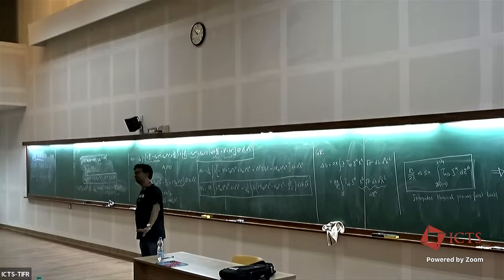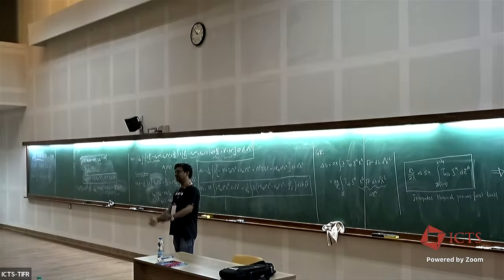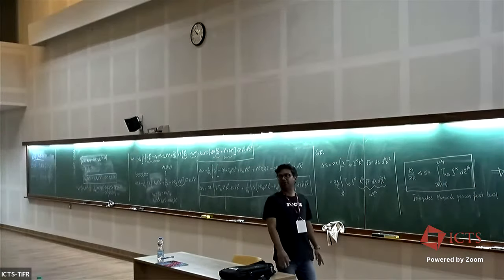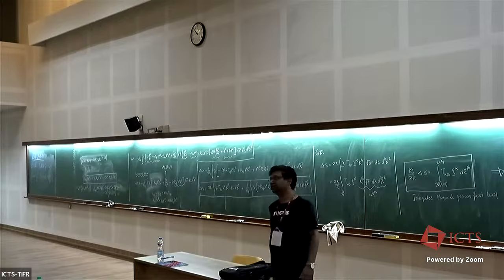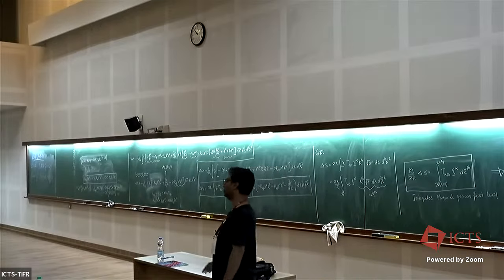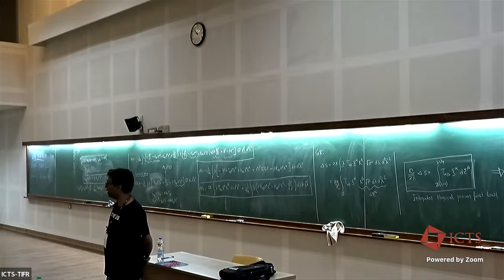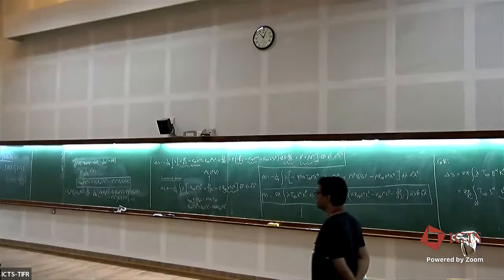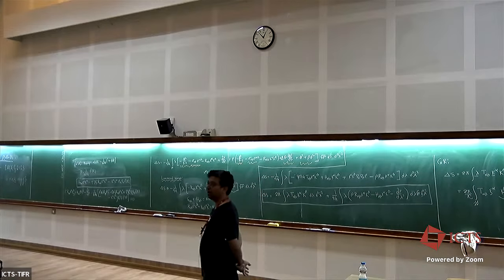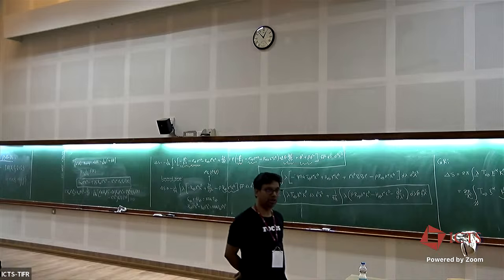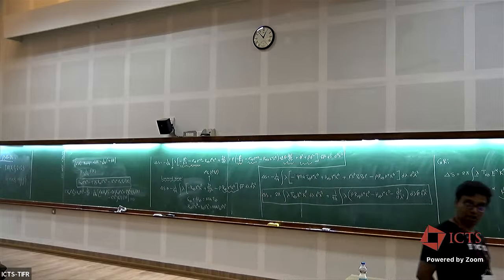What we have seen in these five lectures is only a glimpse of how things are to be calculated. We have seen there is a remarkable Wald formalism, which is sufficiently general, motivated from the covariant phase space formalism in classical mechanics, in classical field theory. And that formalism gave us a very powerful and very elegant way to define what we call the stationary version of the first law.